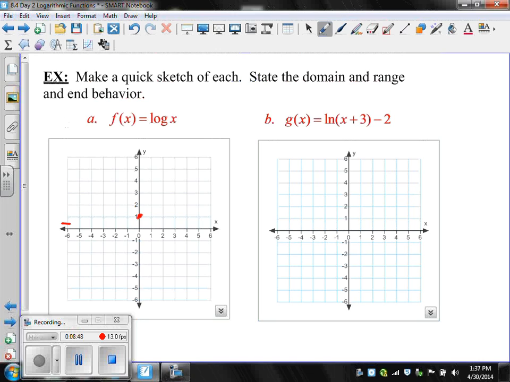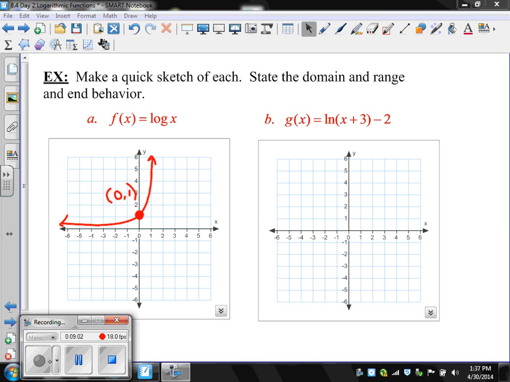It's going to go through this special point here, (0, 1). In fact, there's even a second point that I know of. I know that 10 to the 1 is 10, so I have a point up here that's also on the graph, (1, 10). That's a little off my graph, but I'm going to just throw it up there so that we see that the point is there.